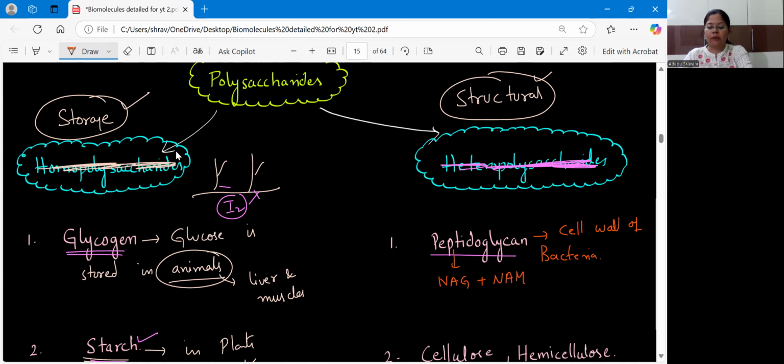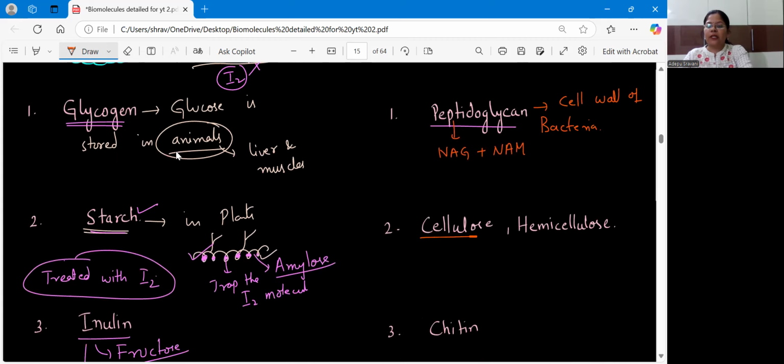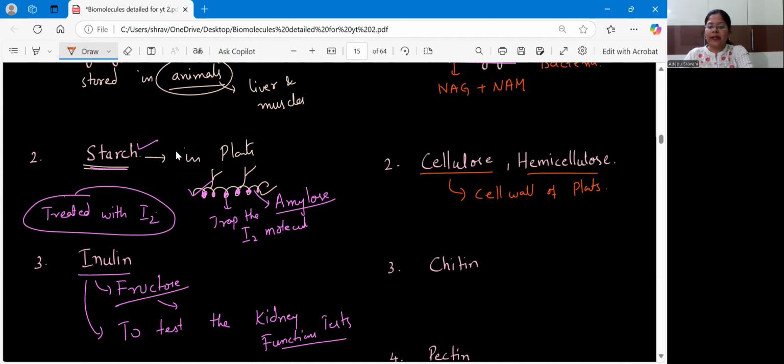They are heteropolymers. Next, coming to cellulose and hemicellulose, they will be giving the structure to the cell wall of plants. Next, chitin, they are again giving the structure to the cell wall of fungus.